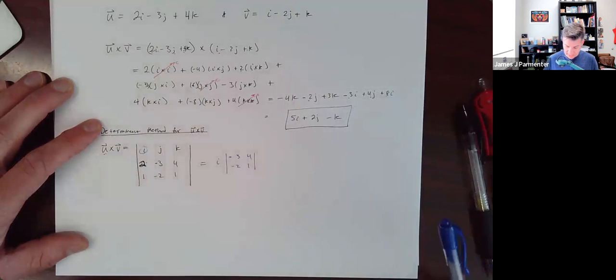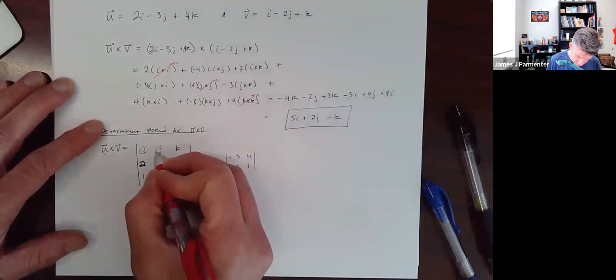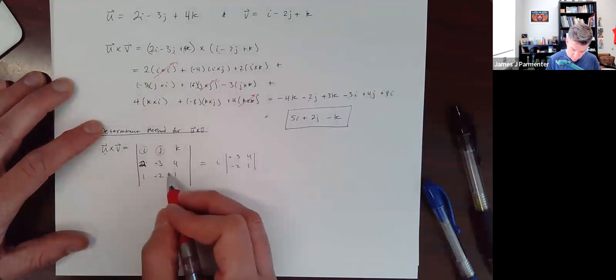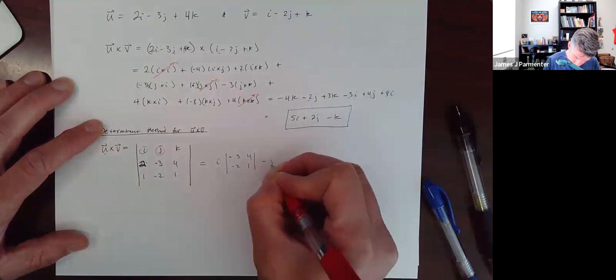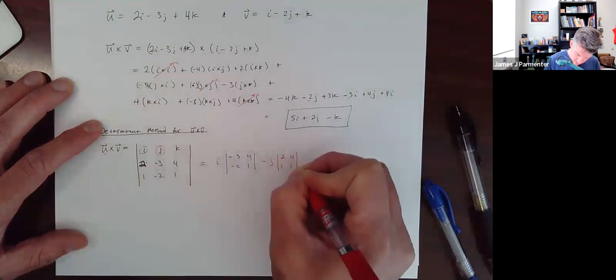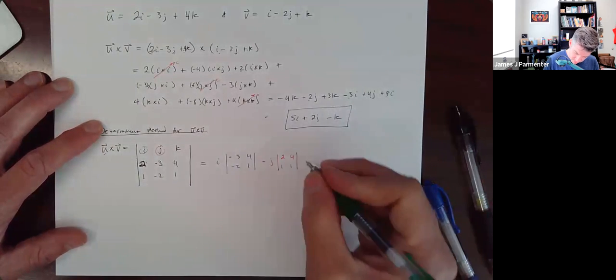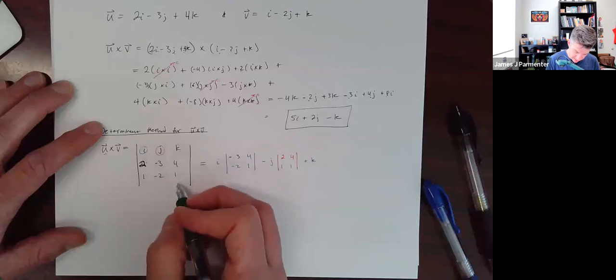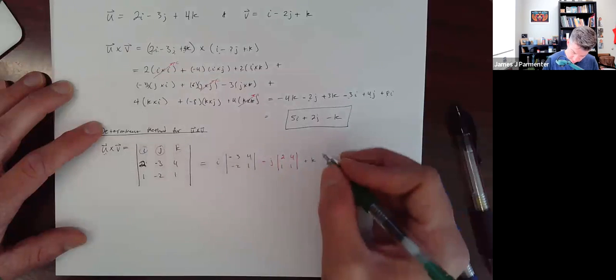And then you alternate signs. So then you look at this entry, you cross out the row and column, and what's left is 2, 4, 1, 1. So it's going to be minus J times the determinant of 2, 4, 1, 1. And then it's going to be plus K. It's always alternating signs. So you cross out that, and you get 2, -3, 1, -2.